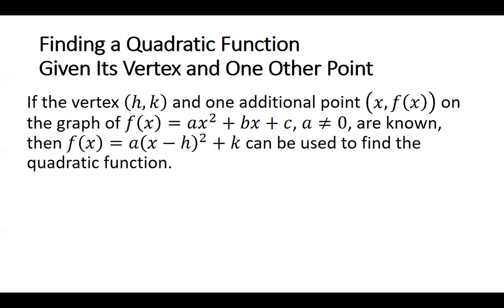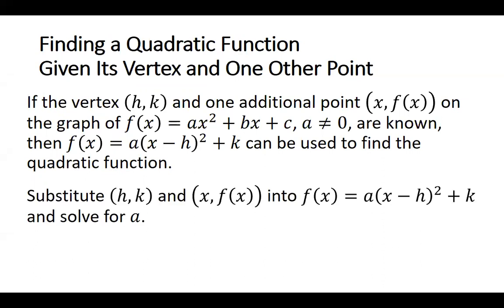So what can we do to figure this out? Well, (h, k), we're already being given, that's the vertex. We're also being given one additional point, which gives us an x value and its associated f of x value.